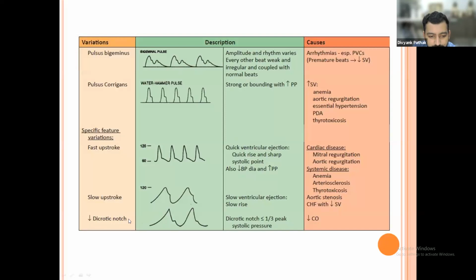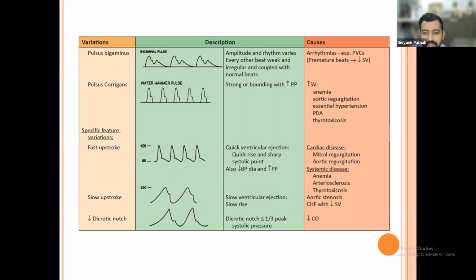Now the dicrotic notch, if it is very delayed, then it suggests the cardiac output is decreased. If the dicrotic notch is less than 1/3 of the peak of the systolic pressure, then the cardiac output is reduced, because the cardiac output is not enough to put pressure on the aortic valve, and the aortic valve reflection would not be very good, and it will be delayed, and this suggests decreased cardiac output.